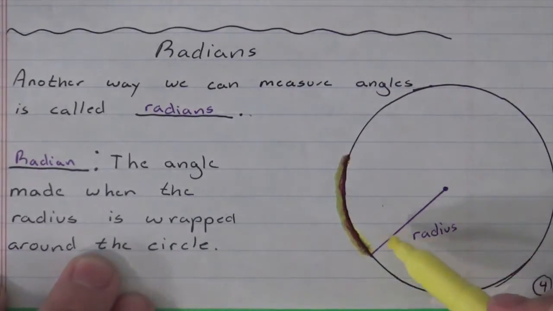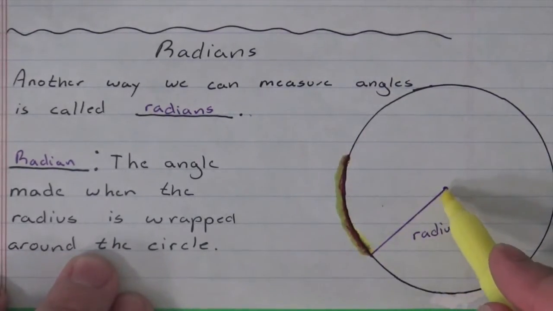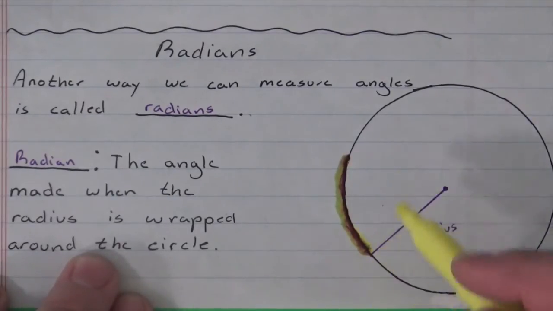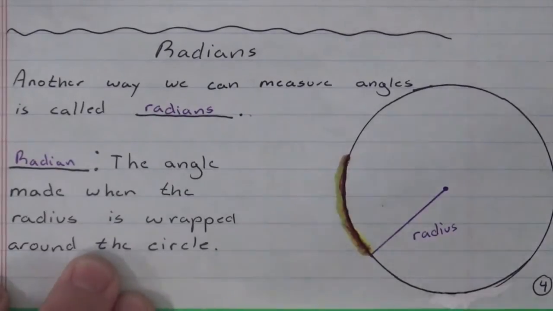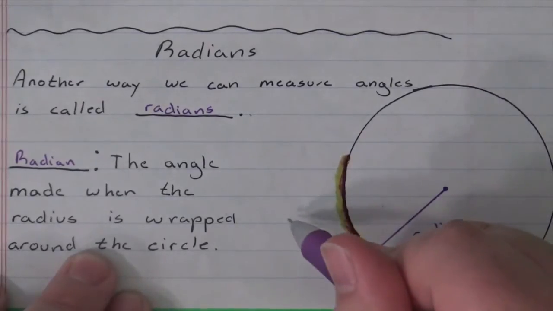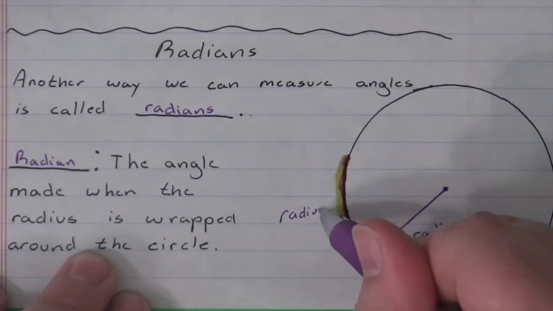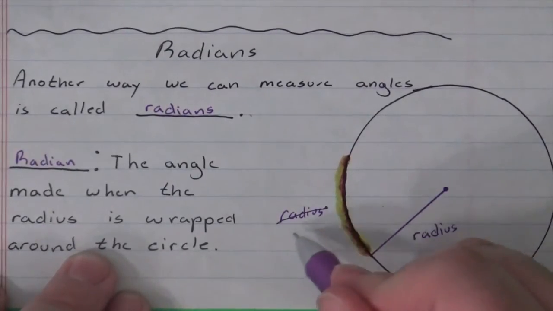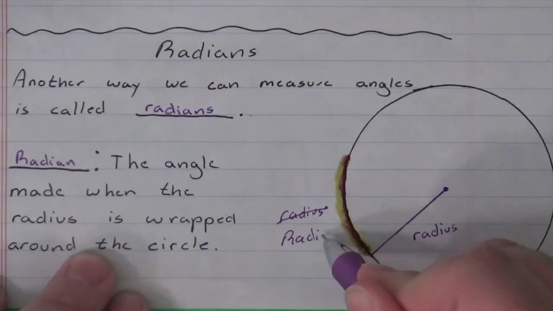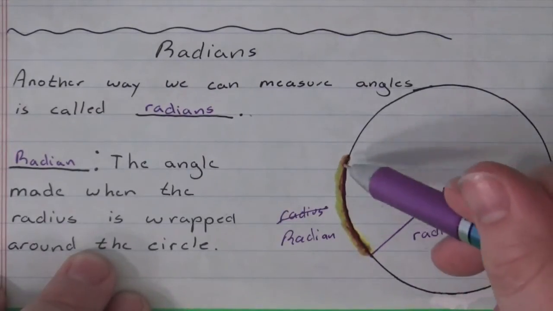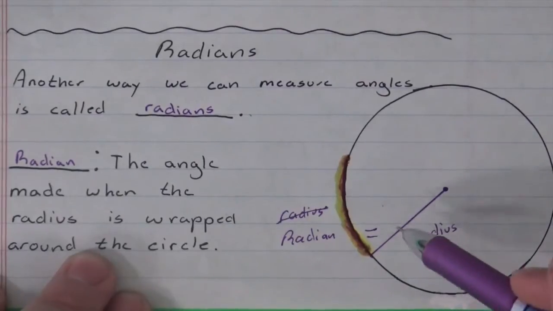Alright, it is actually the same length from the center of the circle to my border. This length is the same thing from this part right here all the way around. So this length, which is radius, is the same length on the outside. And what we actually call this is our radian. Okay? So the length of a circle that is exactly equal to the radius.